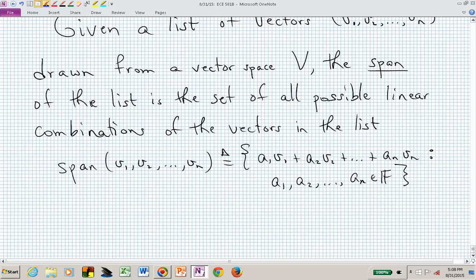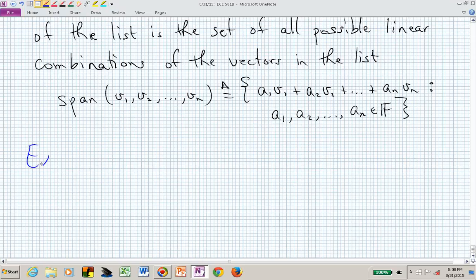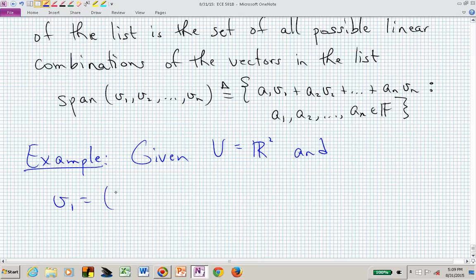Let's look at an example. And we're giving things that are, I hope, somewhat visual or intuitive. Suppose we're given the plane, the xy plane, or R2, and we're given v1 of 3, 3, and v sub 2 of 4, 5.